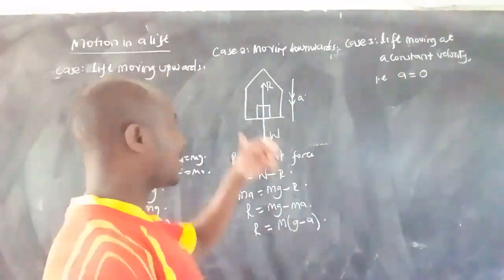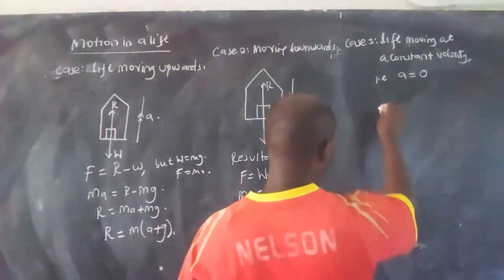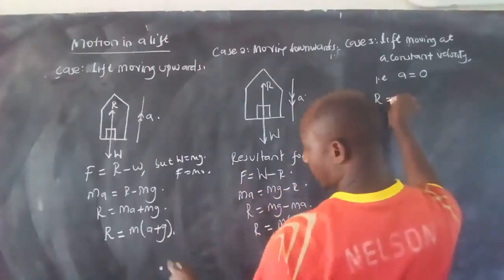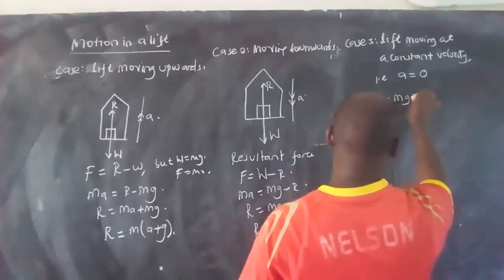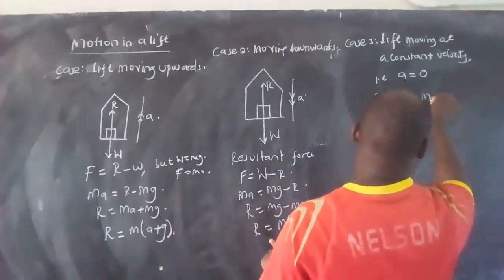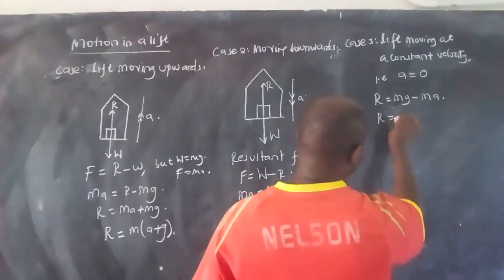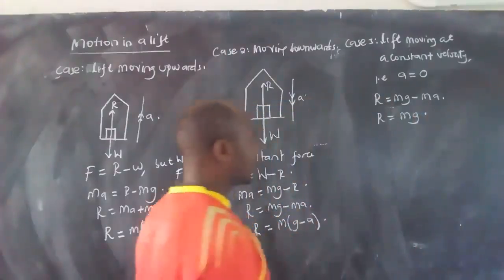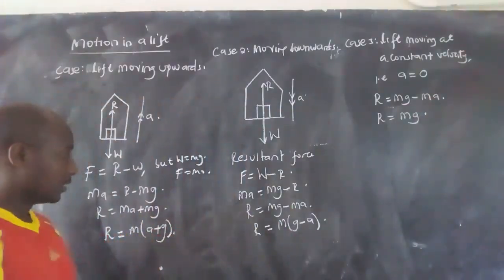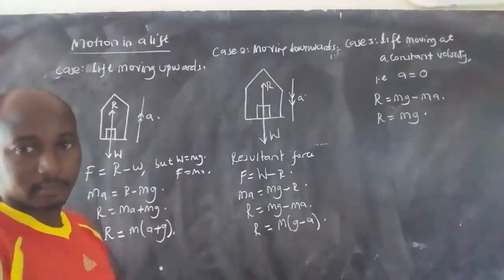Whether moving up or downward, you have the same effect. So let's check here. We have already R is equal to mg minus what? ma. So that implies that our R will become what? mg. If it's moving at constant velocity, acceleration is 0 because it is not accelerating.